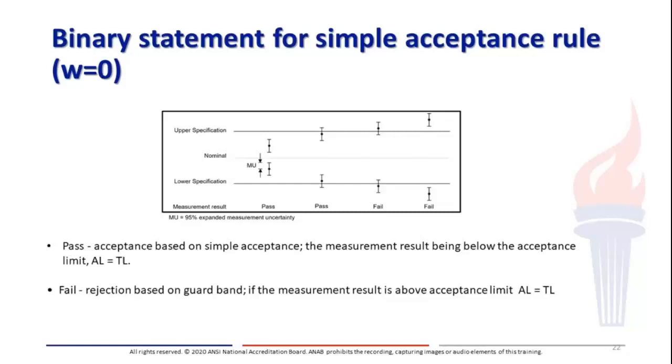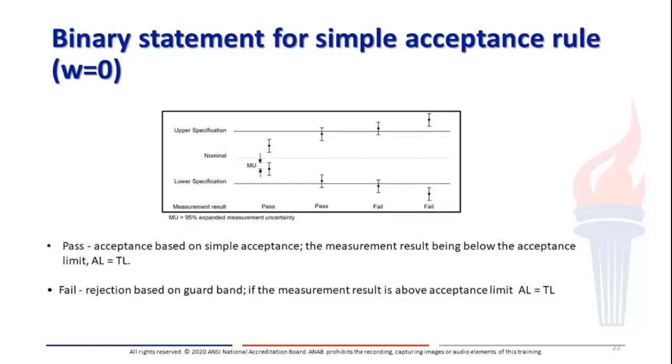Once we start putting that acceptance rule and that statement of conformance on the report, then we've got this situation of the simple acceptance rule where it may be easily understood. And even if this excerpt is presented to the customer, this isn't proprietary knowledge. This type of image is all over the world of metrology.